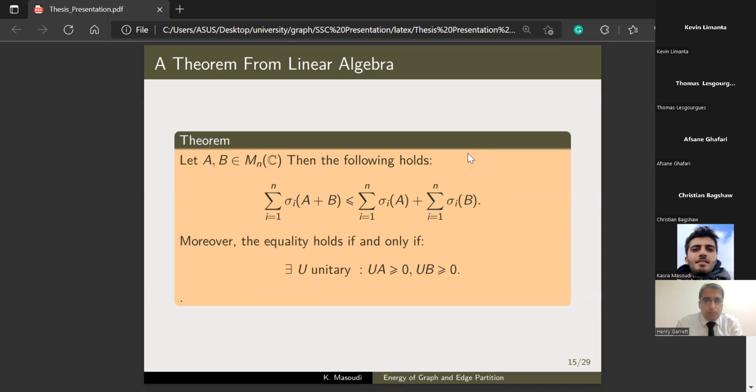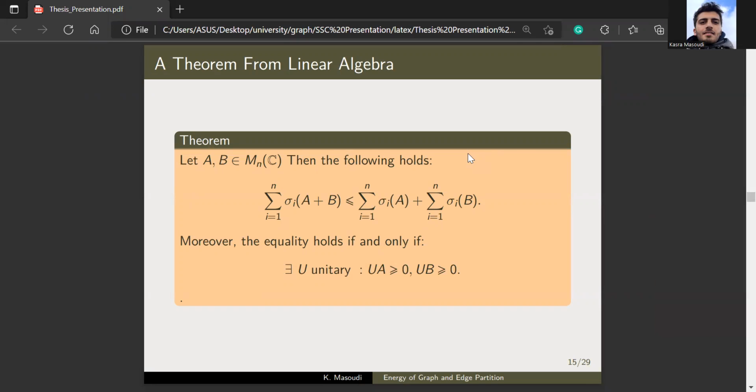And now I want to show you an important theorem, from which we can obviously conclude the previous theorem. Let A and B be matrices of size n.